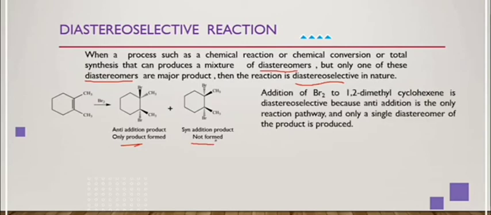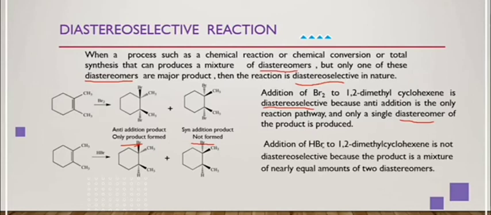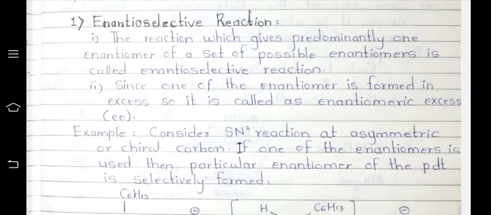So addition of bromine to the alkene is diastereoselective because anti-addition is the only pathway and only a single diastereomer of the product is formed. Addition of HBr is not diastereoselective because the product is a mixture of nearly equal amounts of the two diastereomers.